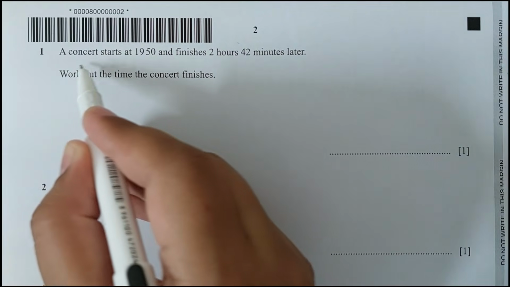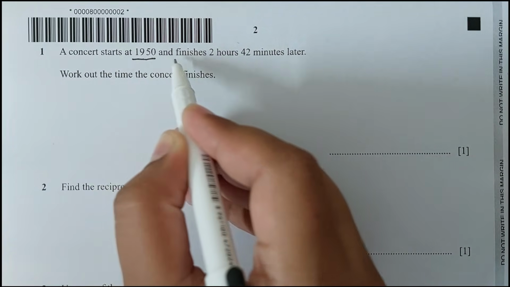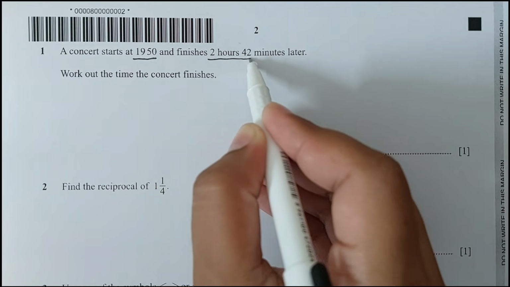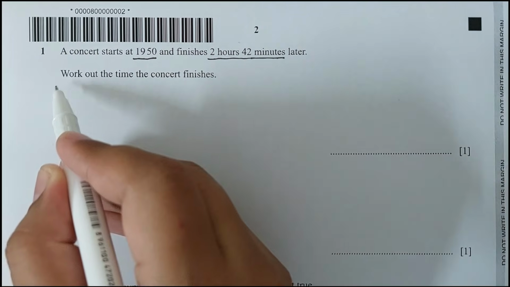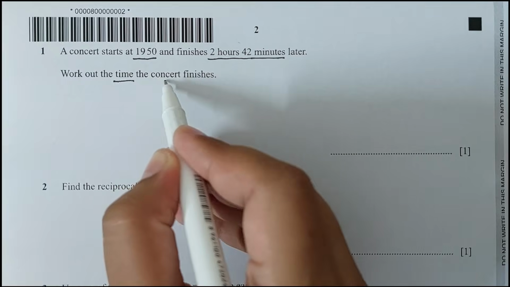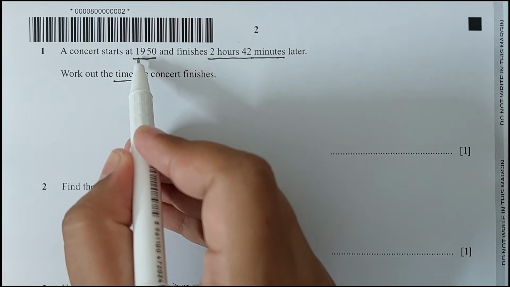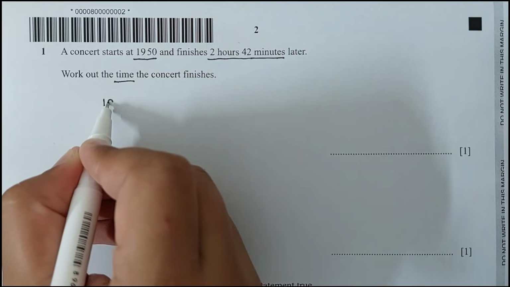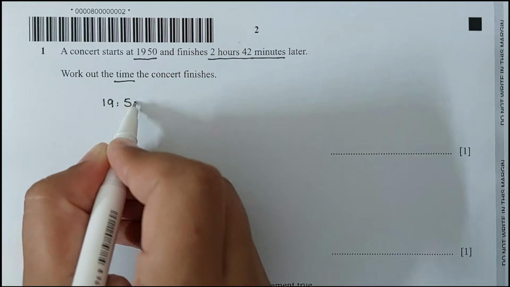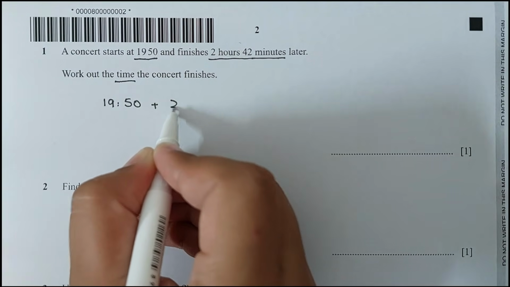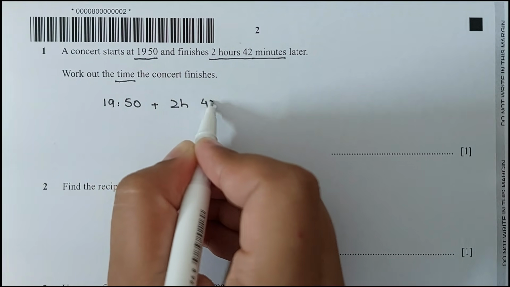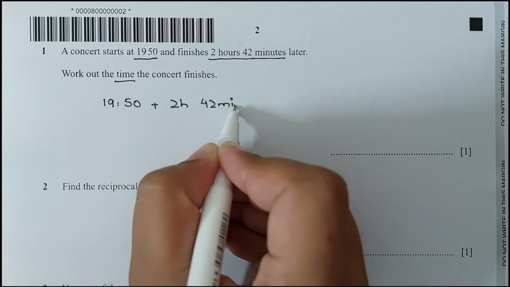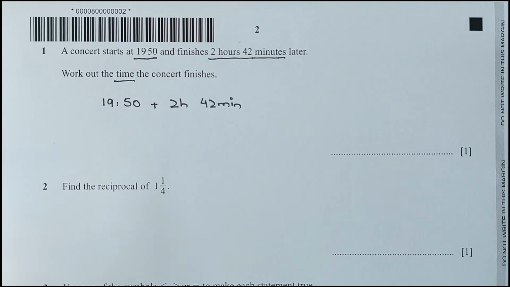Question number 1, a concert starts at 19:50 and finishes 2 hours and 42 minutes later. Work out the time the concert finishes. Okay, so the starting time is 19:50 and you have to add 2 hours and 42 minutes to get the time the concert finishes.